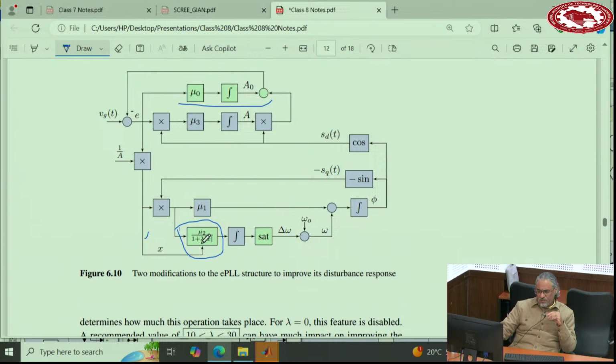By choosing this lambda, a number like 10, 20, this is our experience, you can significantly decrease this problem. And this saturation block here, after you estimate the frequency, you put plus minus 5 hertz, plus minus 4 hertz, depending on how much you want to tolerate.